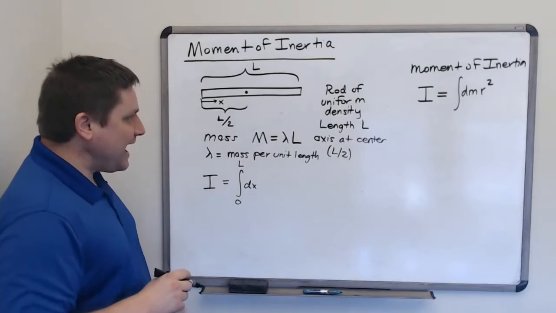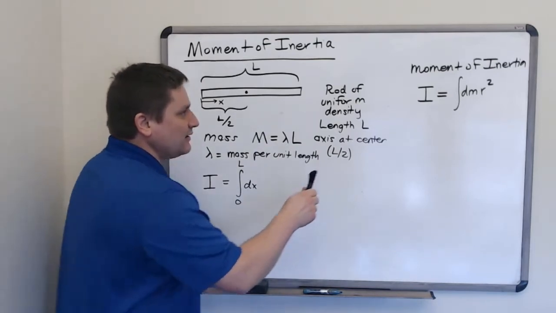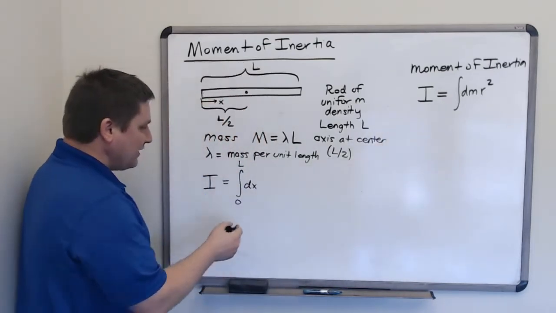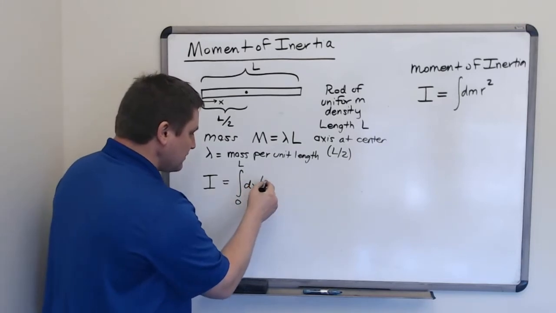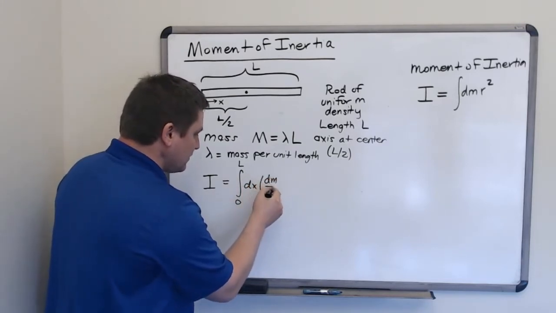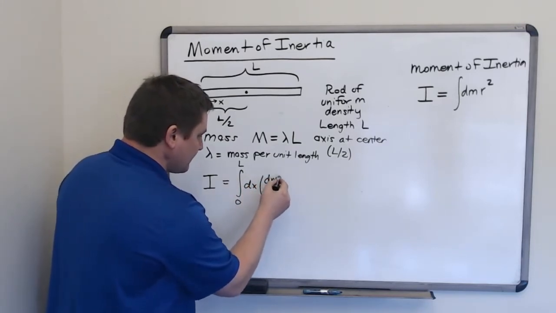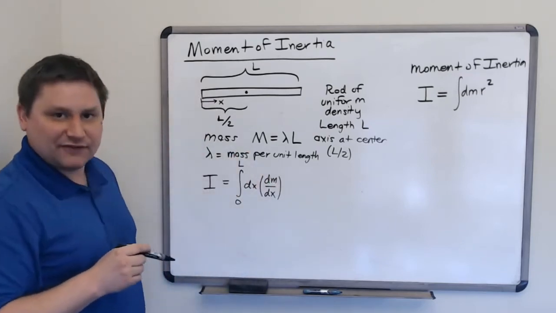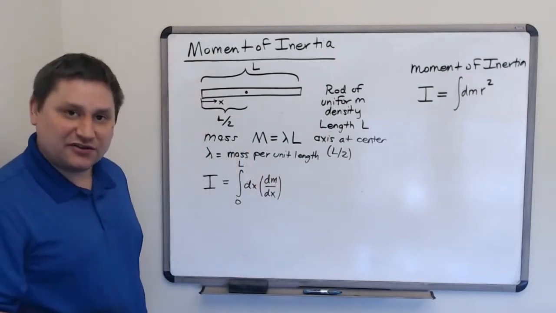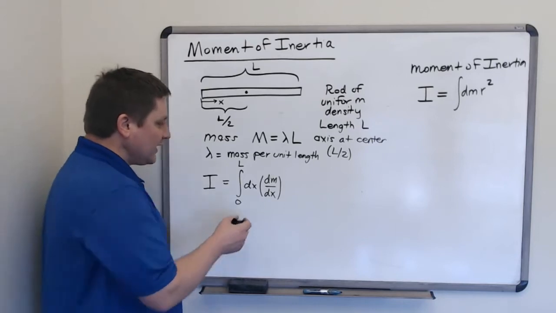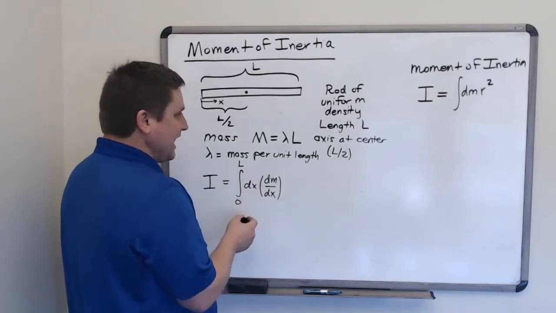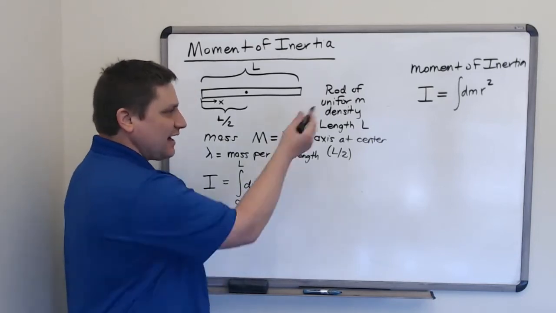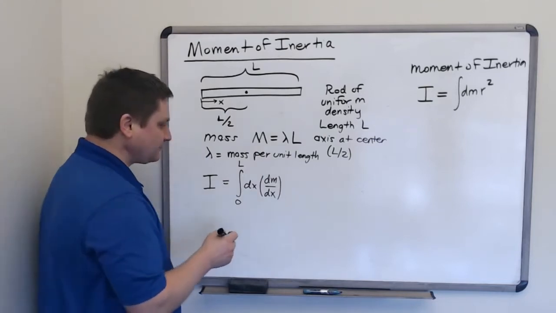So to match up with the definition here, and we want to integrate over x, what we will have to do is a change of integration variable, so we have dm over dx multiplied by dx, and that's how we get our dm.